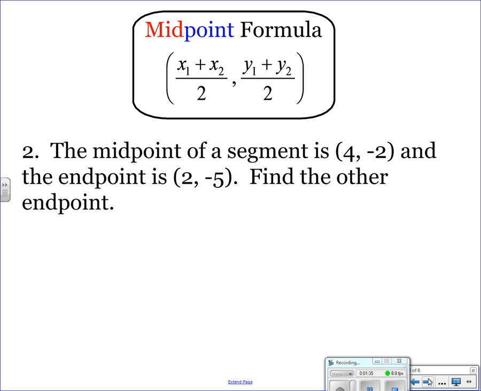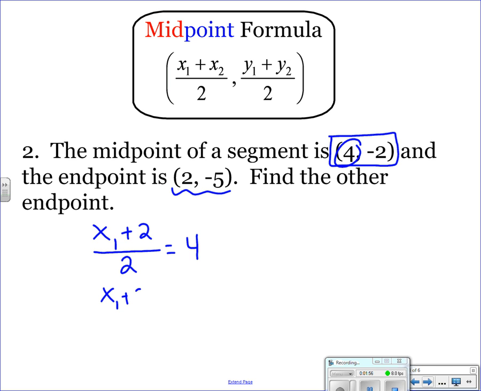Now I give you the midpoint of a segment, so this is the midpoint. And this is one of the endpoints. Find the other endpoint. So x1 plus the other point over 2 equals this x coordinate. Multiply both sides by 2. Subtract 2. So that's one endpoint of this segment.